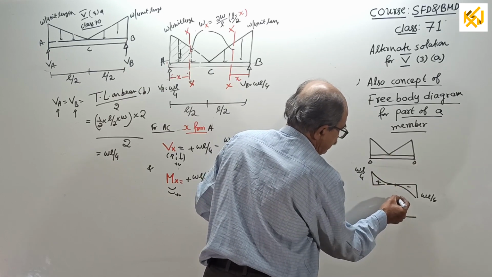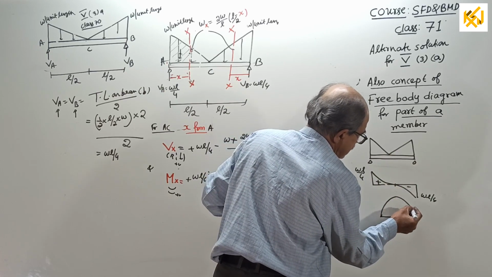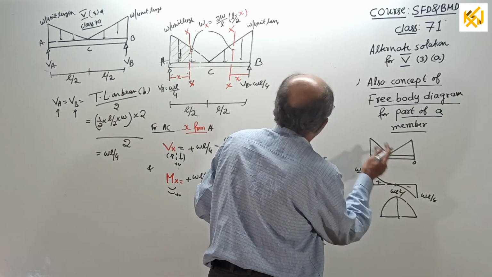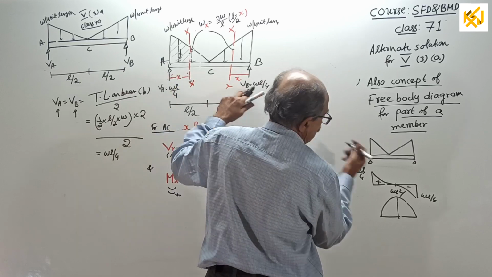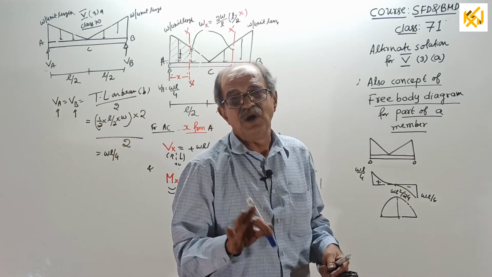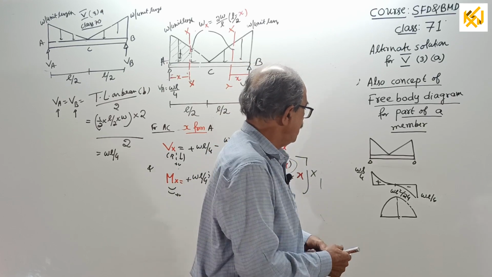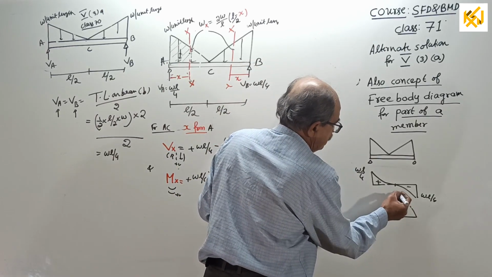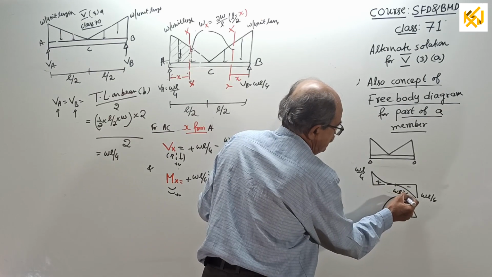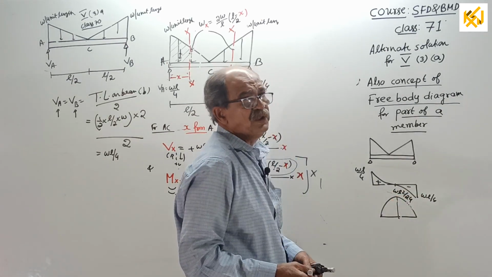And the BMD was this way, a parabola, a cubic curve, with WL square by 24. How did I get 24? There's a trick. You don't bother about it. I don't remember. I write W square neatly. We got WL square by 24. That's what you got yesterday.